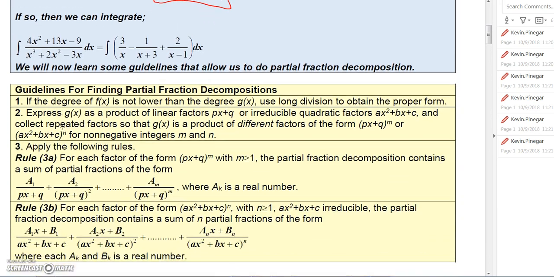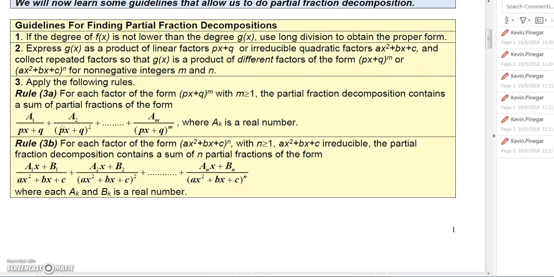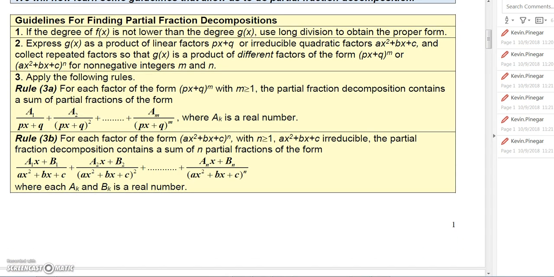So let's look at some guidelines here for breaking up or decomposing fractions.